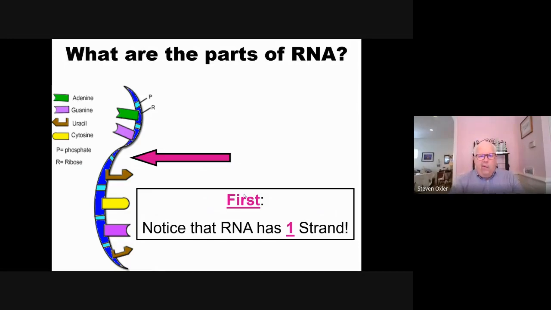Look at the nitrogen bases: adenine, guanine, cytosine, and here's a new one. RNA has uracil. Which one is missing from DNA? There's no thymine here. Uracil has replaced thymine in RNA.